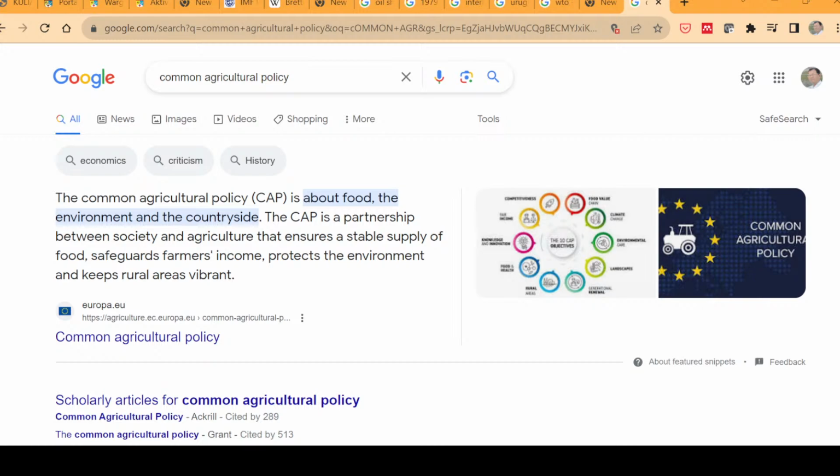And last one, important, number 4, it is an institution. Whereas this is only agreement, not institution. Only agreement.